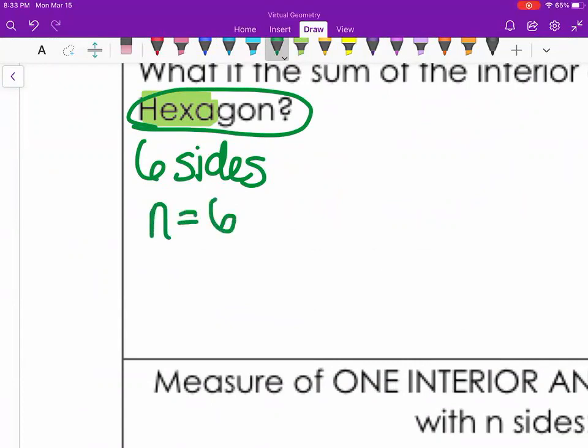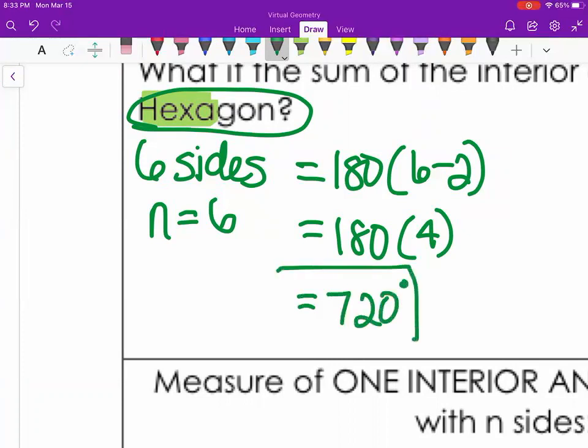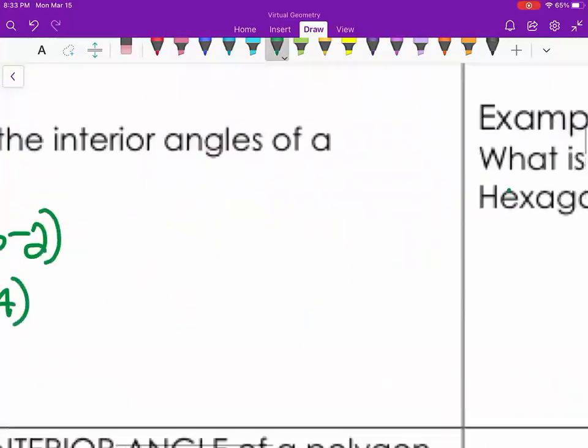So the sum of the interior is going to be 180 times 6 minus 2. So 6 minus 2 gives us a 4. If we keep going step by step here, we have 180 times 4 for a total of 720 degrees for the total sum of the interior angles of a hexagon.